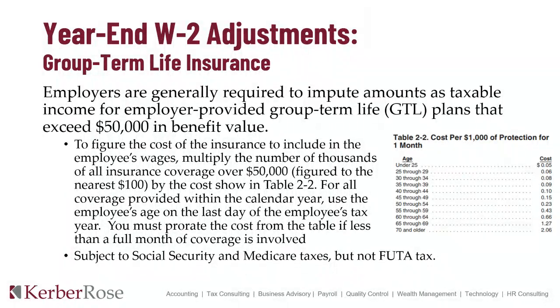To figure the cost of the insurance to include in the employee's wages, you're going to multiply the number of thousands of all insurance coverage over $50,000 by the cost shown in table 2. To the right there, I have cost per thousand of protection for 1 month. So if it's a $100,000 insurance policy, you subtract 50,000, and divide that by 1,000 to get your cost per 1,000.